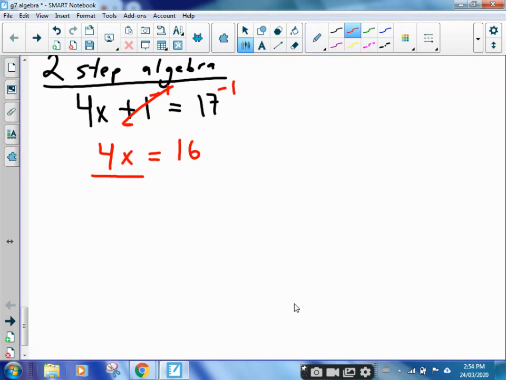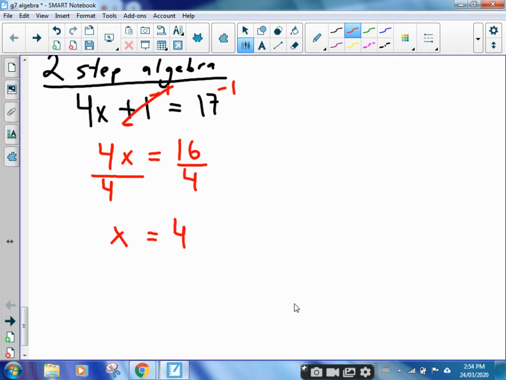So because it's 4 times x, we're going to divide both sides by 4. When we divide both sides by 4, 4 over 4 is the same as 1 whole, so that becomes x. And 16 over 4 is an improper fraction that when simplified is 4.